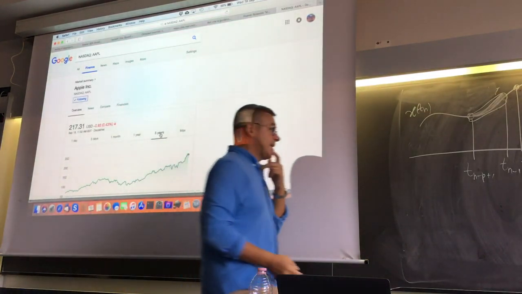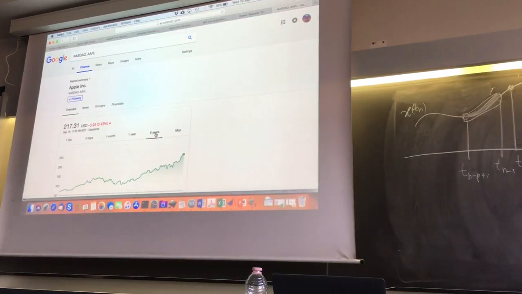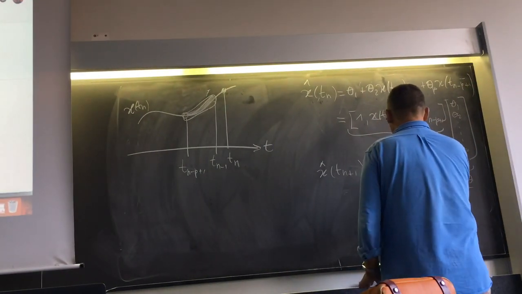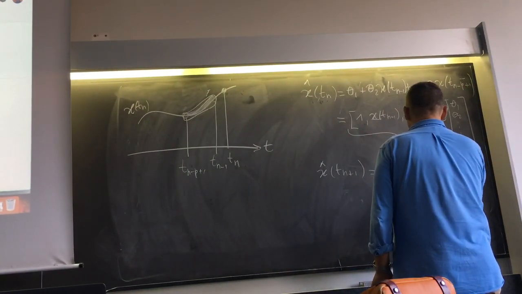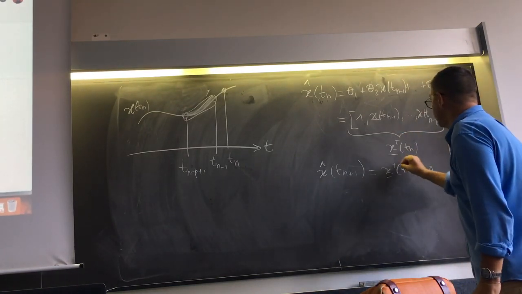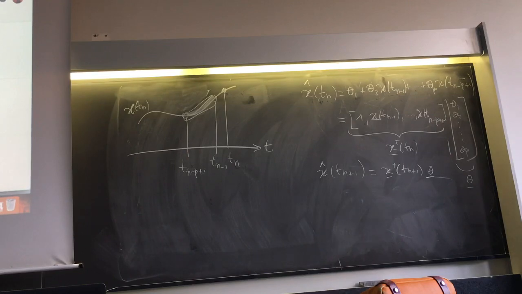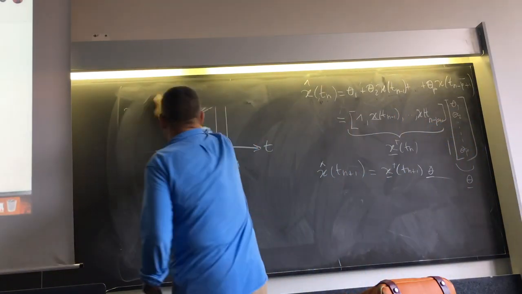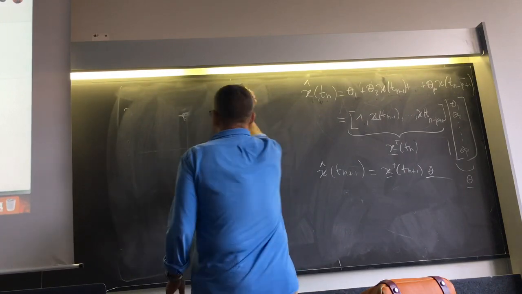Now, I repeat this procedure, then I have a vector, Tn plus 1, I call this way, time theta. Sorry, this is just one. Okay? So now that you understood this trick, what I do is the following.